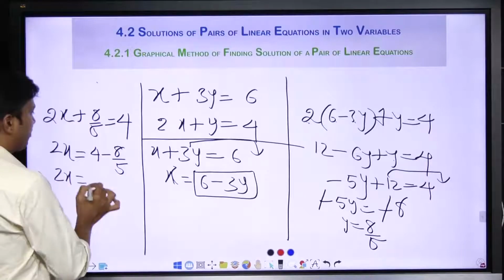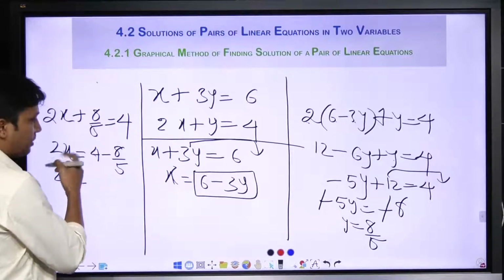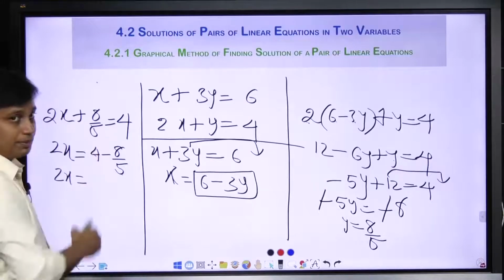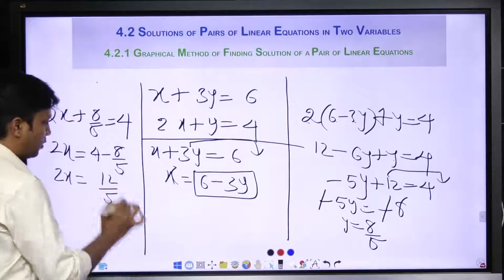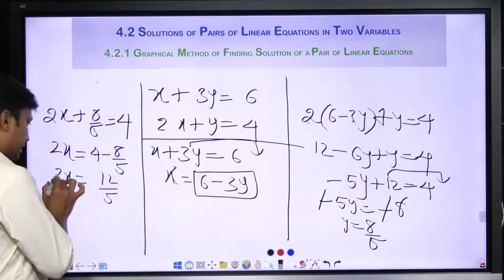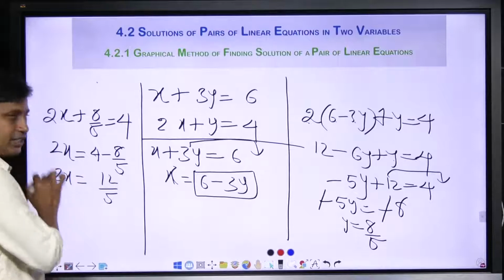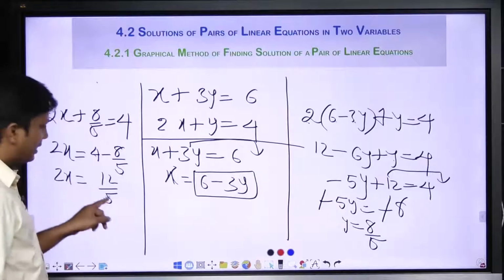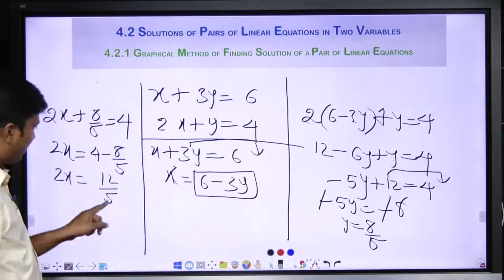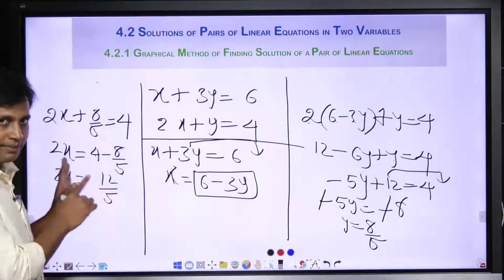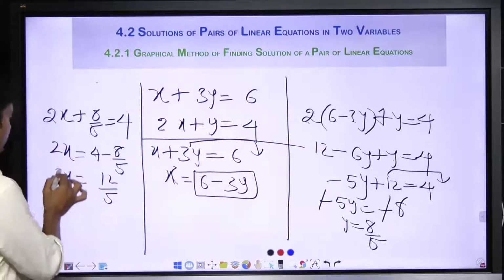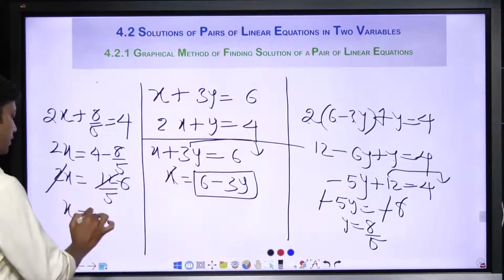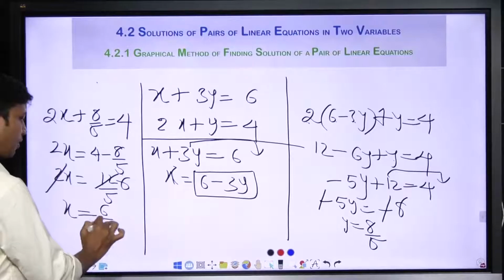So 2x is equal to, here we are taking the LCM to simplify this, 5 into 4 would be 20, 20 minus 8 would be 12. So this is 12 by 5. Since 2 is the coefficient of x, on sending this 2 to the other side of the equation, it will come under the denominator. Then we can divide 12 by 2, so directly I am cancelling from here itself. This 2 will cancel 12 six times. So how much is the value for x? 6 upon 5.